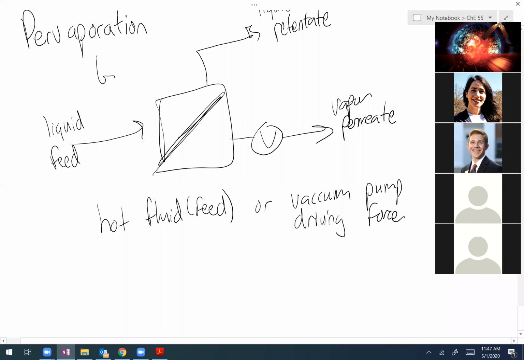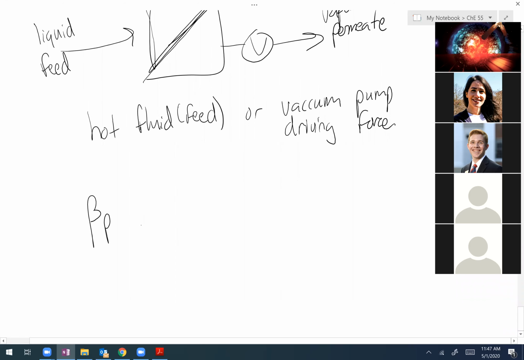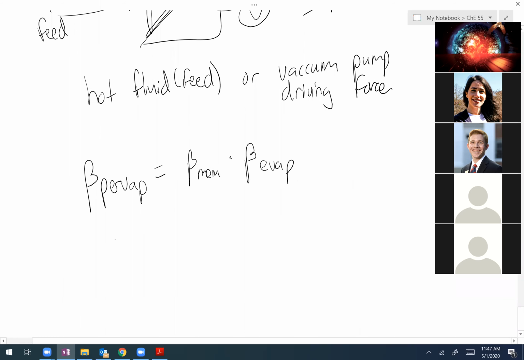One of the things we looked at was our separation factor, beta pervap, as a function of the selectivity, the separation factor of the membrane, and the separation factor via evaporation. Figure 9.6 is really key to understanding how each of those separation factors comes into play.